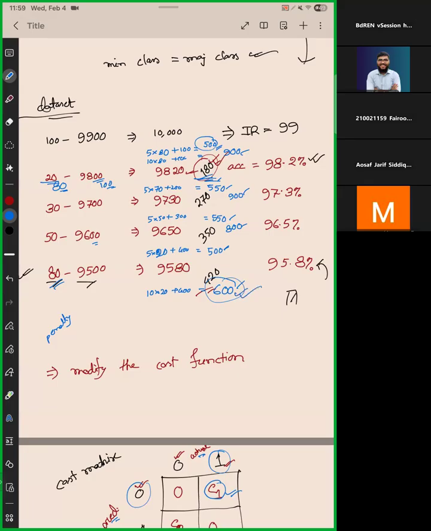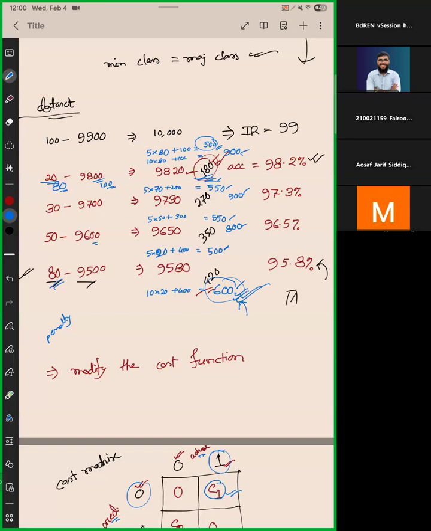This one, the minimum value, because gradient descent looks at the lowest cost. Among these 4, this one has the lowest cost, so it is going to try to minimize the cost function and update the weights in such a way that we get to this one. Are you following?